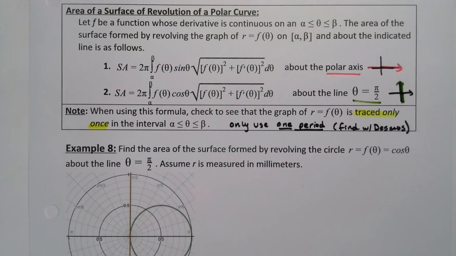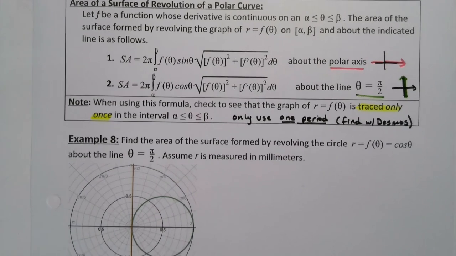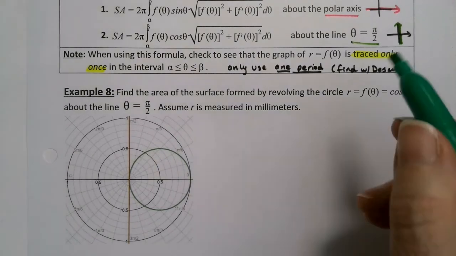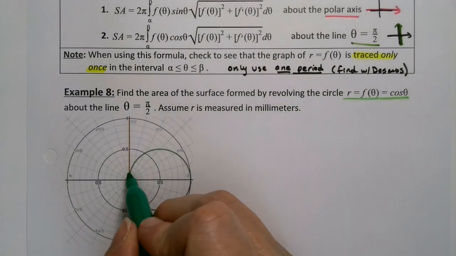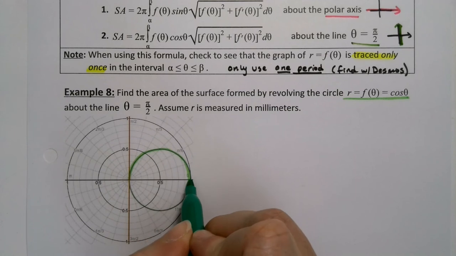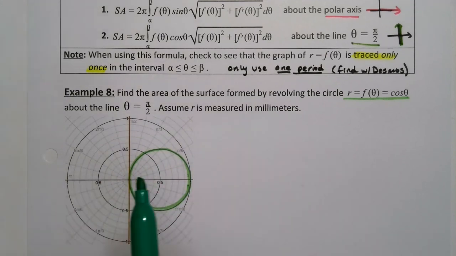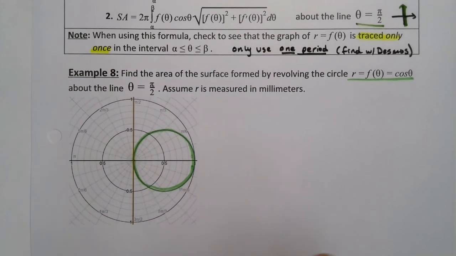All right, so let's see here. Find the area of the surface formed by revolving the circle r equals f of theta. So that circle is right here. You can see the circle. And I'm going to imagine it spinning around this axis or this line, theta equals pi over 2. So you're going to spin it around.